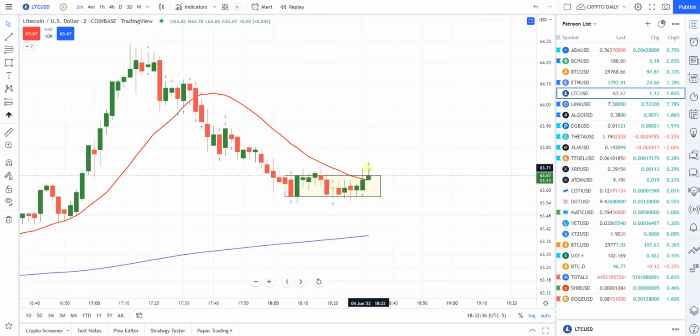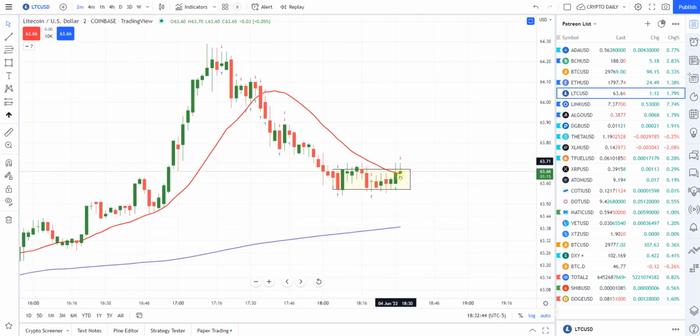Like right now, it probably would have been close to 600 if we had kept it in there. And if it pushes to the upside again, then I'd probably go short here. Let's see how far it goes up, and then we'll go from there.